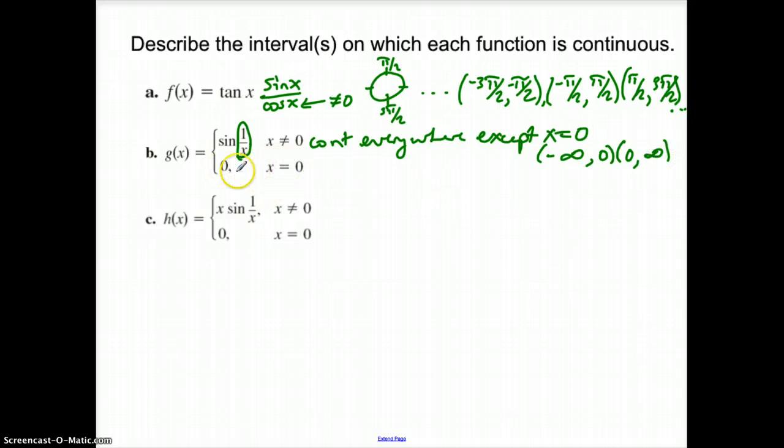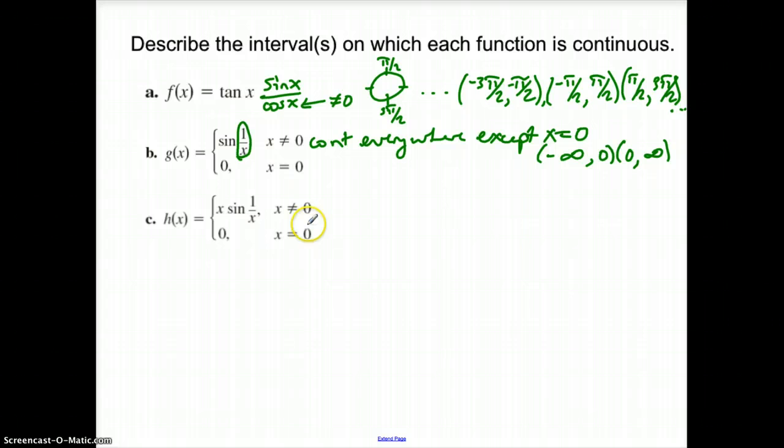And since we're going to have this value here, then we can tell that this function is continuous everywhere from negative infinity to 0. And this one is just the value at 0. It's not going to fill in our hole. So that's that one. It's kind of a weird looking graph. You can graph it if you want.